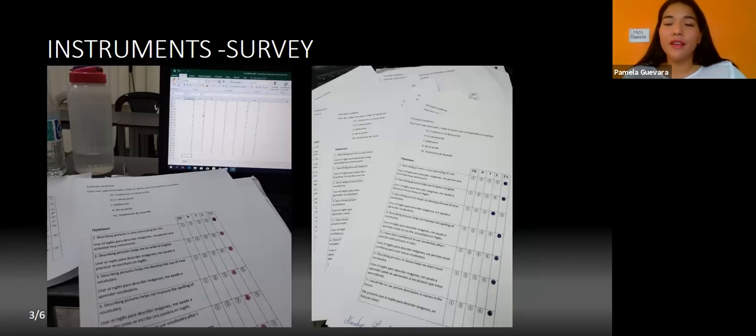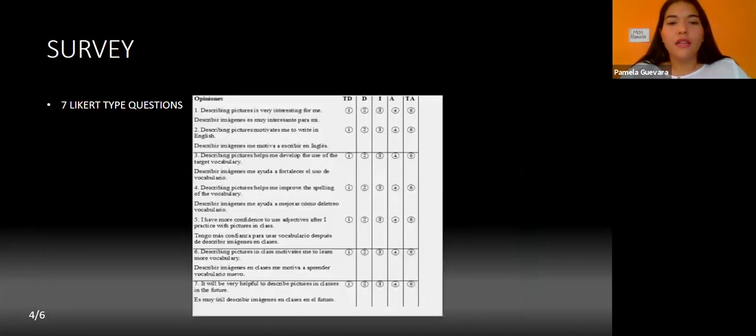The survey was first taken to a group of students just to see if this survey worked or not. It is called the reliability. These are the 7 Likert type questions where you have to place if you totally agree or totally disagree with a statement. In this case, the survey was to gather perspectives from students.